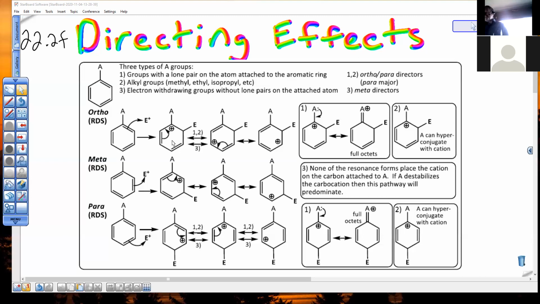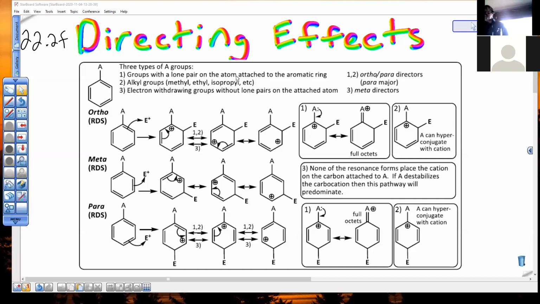And here they are. You resonate the pi this way, and you get the cation down here. Resonate this pi this way, and you get the cation over there. And notice in the first resonance form, the cation is on the carbon with the A group. This is really good if the A group can stabilize carbocations. What two A groups can stabilize carbocations?